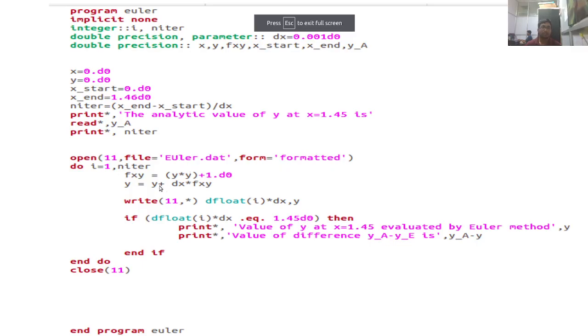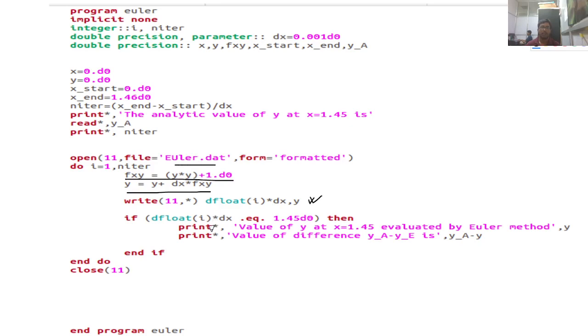So here you see in this program, f of x, y is defined as 1 plus y square as per the question. This line is defined as the f of x, y, and then this line is adding the y values for a particular x value, and then I am putting those x values and y values in this file euler.dat.